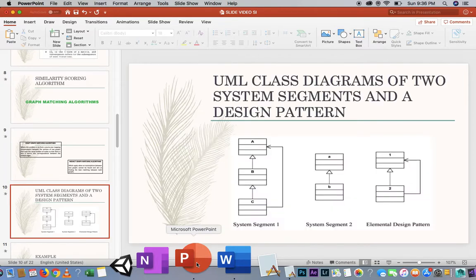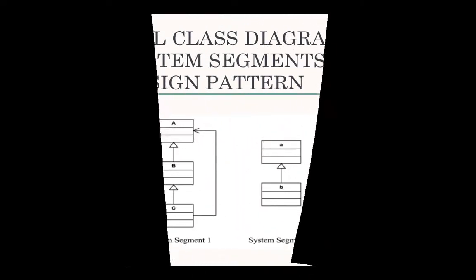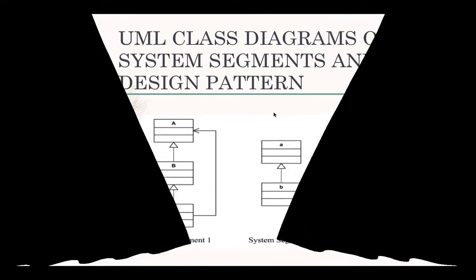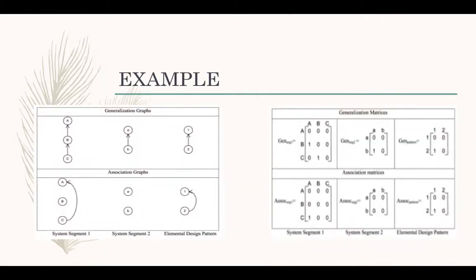Okay, next, here are the UML class diagrams of two system segments and a design pattern. Okay, here is the example. Let us assume that the system under study has two segments represented by the corresponding class diagrams.